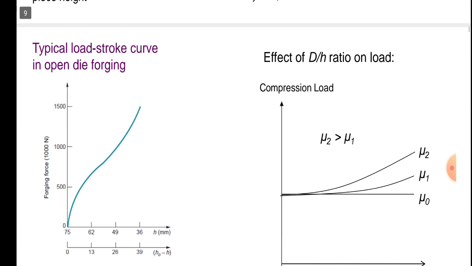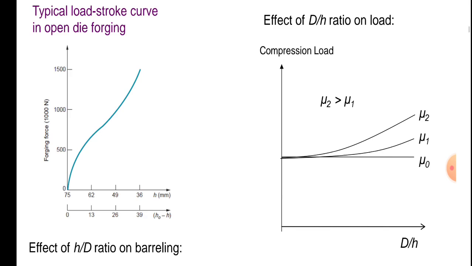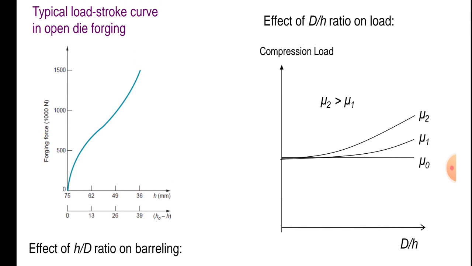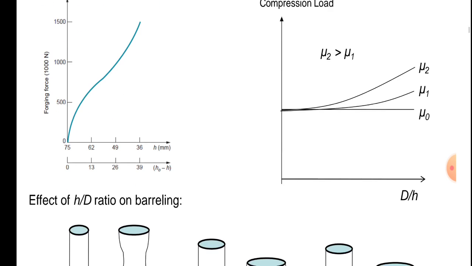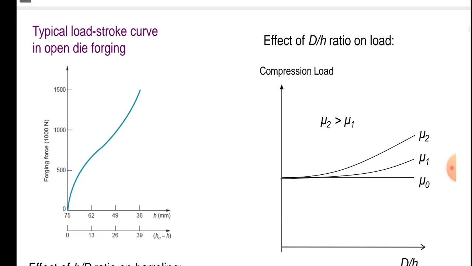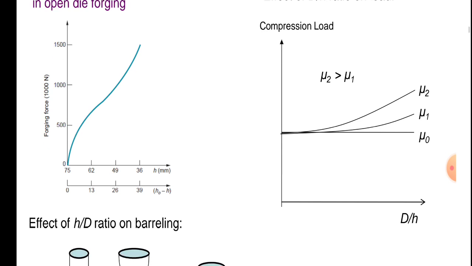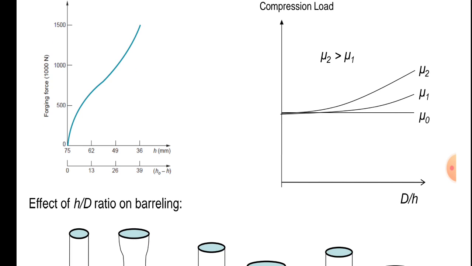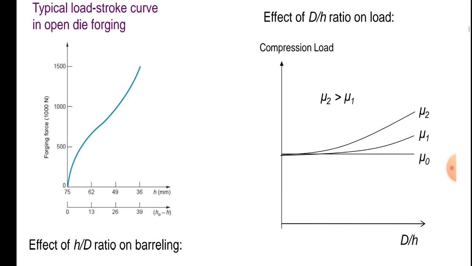Typical load stroke curve in open die forging. The graph shows the forging force versus height in mm. This is the graph of the typical load stroke curve in open die forging. Effect of diameter to height ratio on compression load, the D to H ratio, is given in the graph.